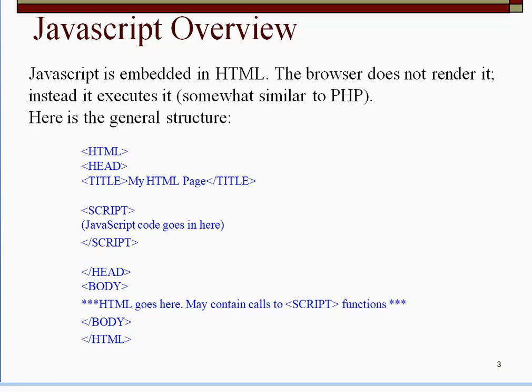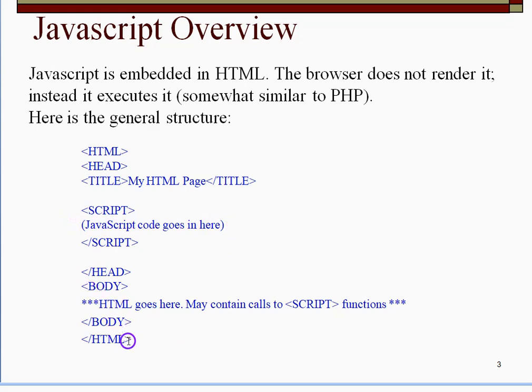The general structure is as shown over here. You have an HTML document with the regular HTML opening and closing tags, the head, the body, and so on. Anywhere in the document, but usually at the header part, you have an opening script tag and a corresponding closing script tag. And in between the two, you may have JavaScript code.